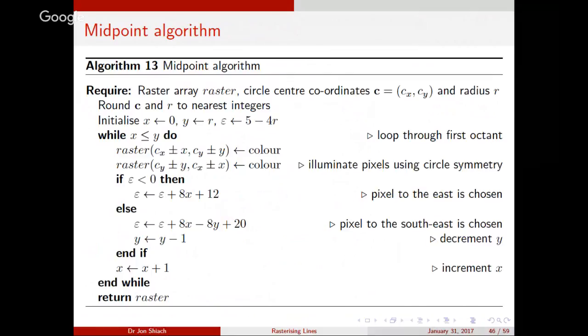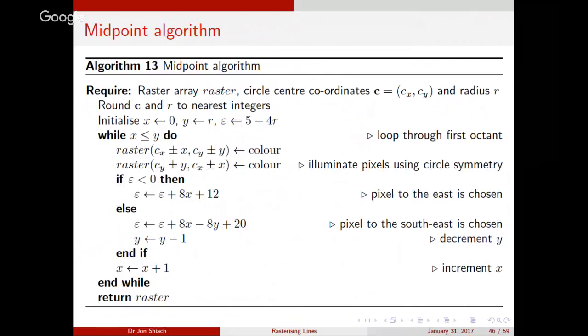So the first thing I need to do is set my x and y coordinates. So x equals 0, y equals 9. Note that our x and y are relative to the center being at 0, 0. When we want to plot it, we have to add our center coordinates to our x and y coordinates.